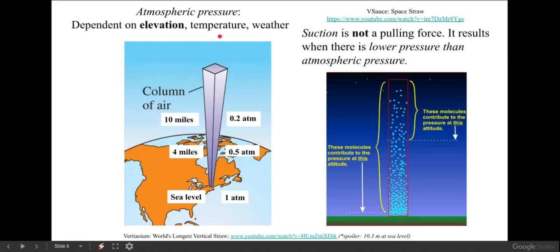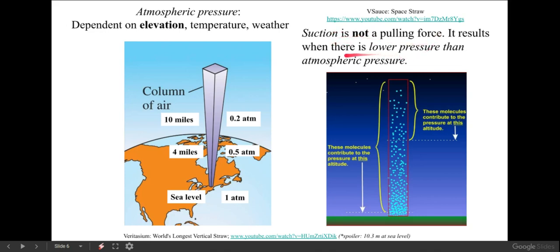This is where I would normally like to talk about straws and suction cups and those types of things, because I do want you to know that suction is not a pulling force. It's not a sticking force. If you put a suction cup on something and it's sticking there, it's not because it's pulling to the wall.